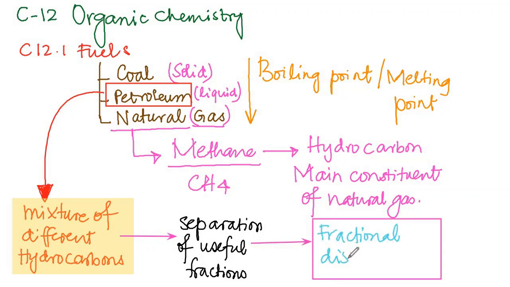Fractional distillation is a process in which different fractions, meaning different components, are separated on the basis of the difference in boiling points of different components or fractions of the crude oil or petroleum. Petroleum is also called crude oil.